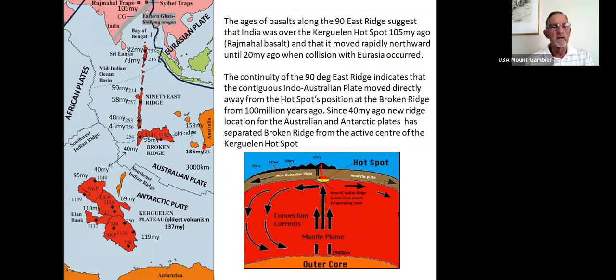And at some stage, we see successively younger rocks from an age of about 100 million years in India, as you go southward down that line to about 40 million years, 43 million years.